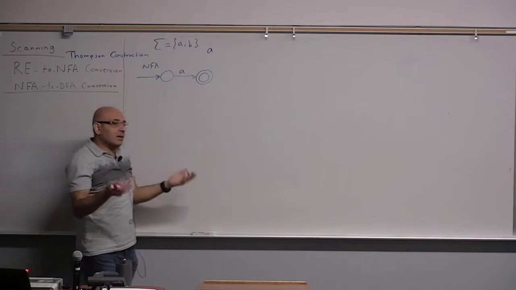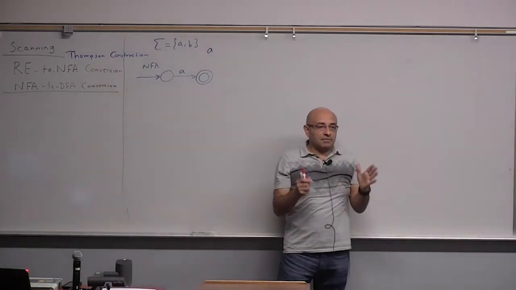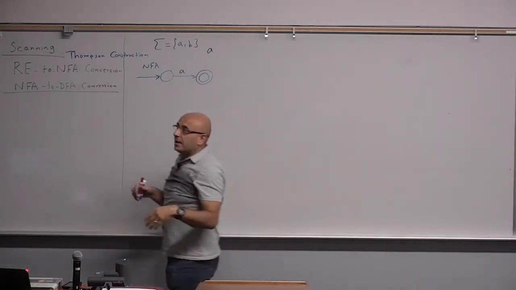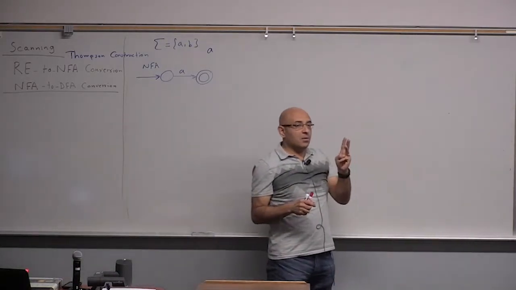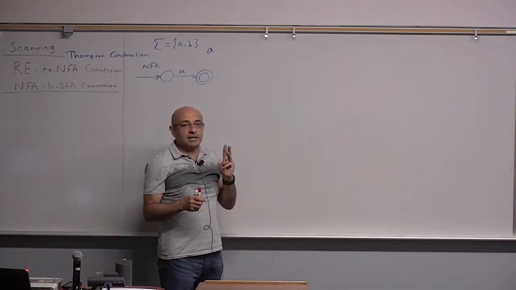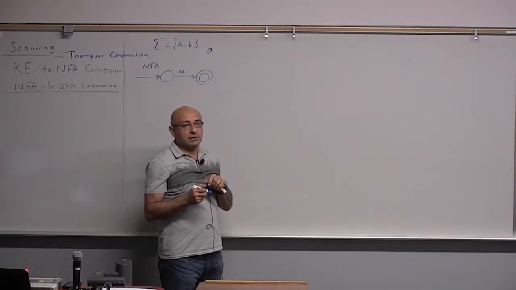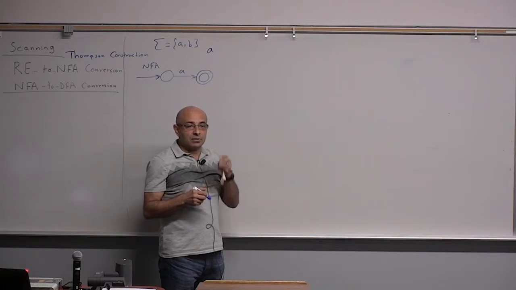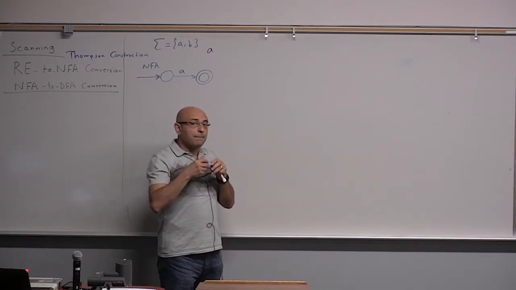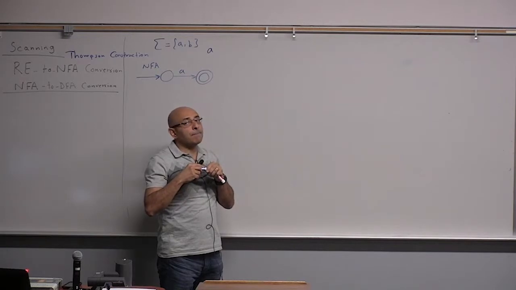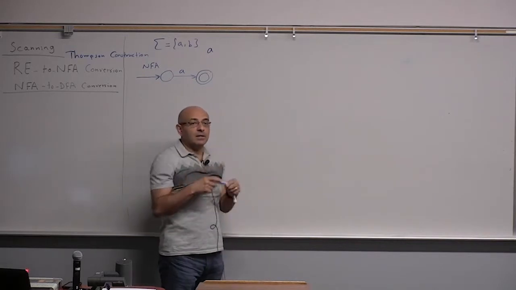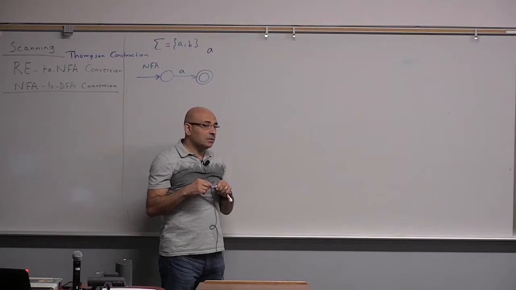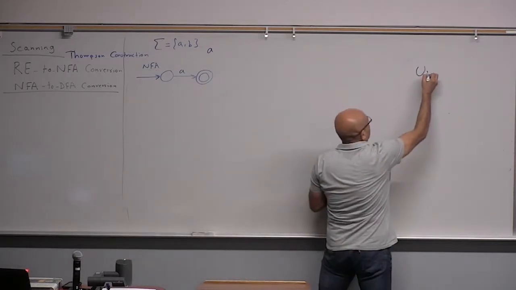In general, what's a regular expression? A regular expression consists of the symbols of the alphabet, related using 3 operations. What are the 3 allowable operations in a regular expression? What are the operations that we apply to the symbols? Yes.